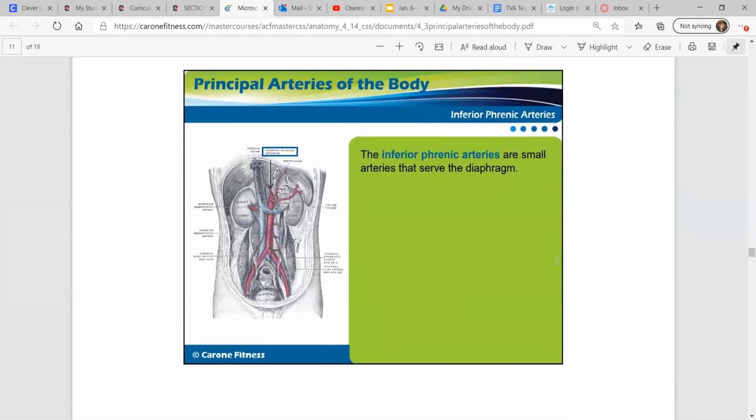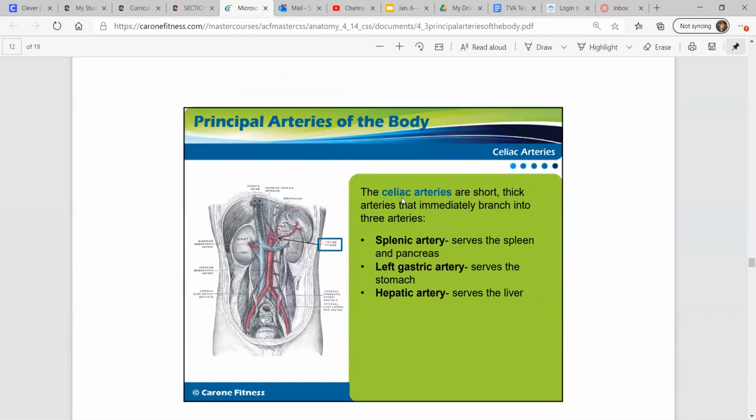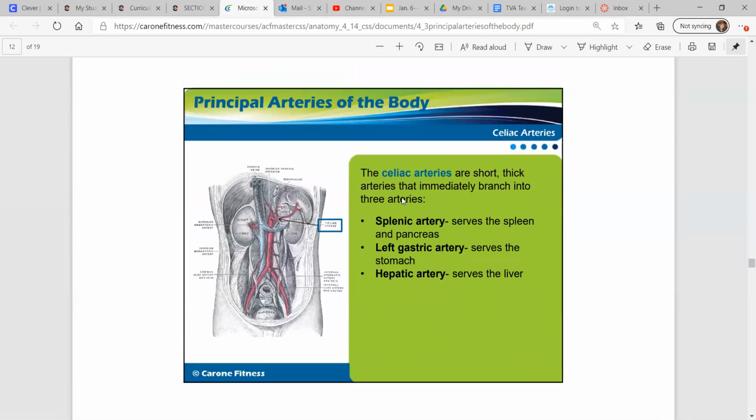So looking at each of those, we have the inferior phrenic arteries. Those are small arteries that serve the diaphragm. So think of diaphragm, phrenic, that's where those are. The celiac arteries are short and thick arteries that immediately branch into three. The splenic, it serves the spleen and pancreas.